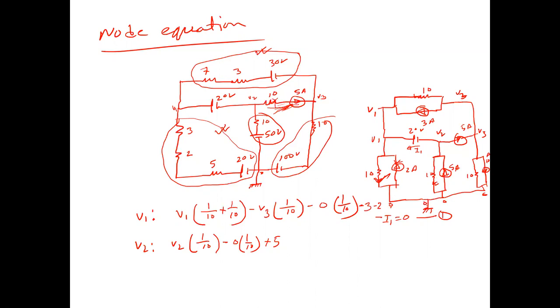This another current is incoming, V2 portion, so incoming means minus 5. This is the outgoing 5, this is the incoming 5, this and this complete. And this plus I1, this is the outgoing, outgoing means plus I1. So this is equal to 0.